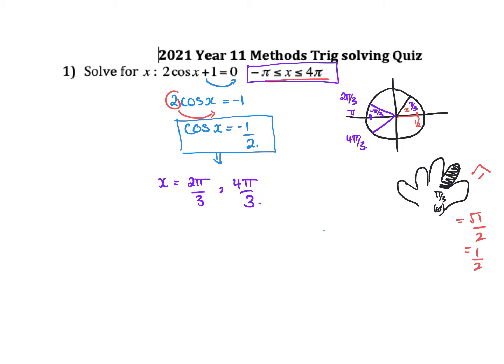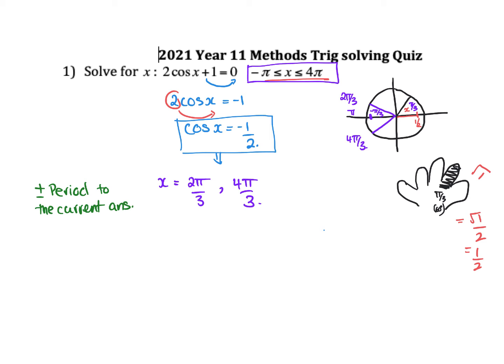Now, they want us to go between -pi and 4 pi, so we probably have to find other answers. We find other answers by adding or subtracting the period to the first two answers.